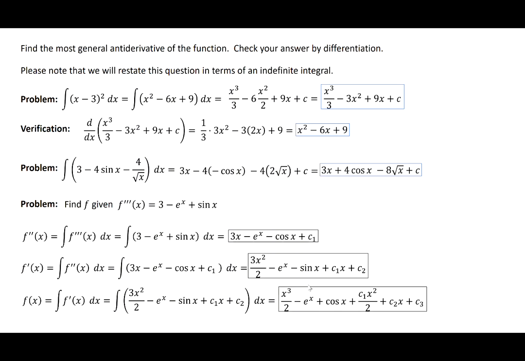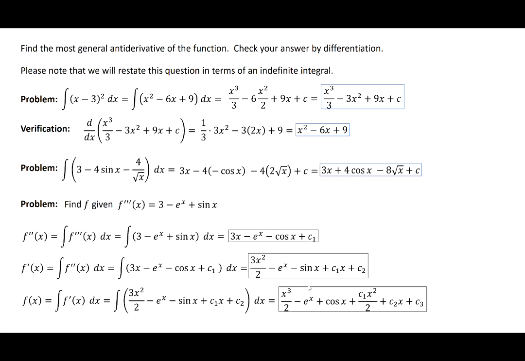Cool. So guess what? Given f triple prime of x, we were able to find f of x by simply integrating. If any of you are going to take physics next semester, you will bump into this kind of stuff quite a bit.